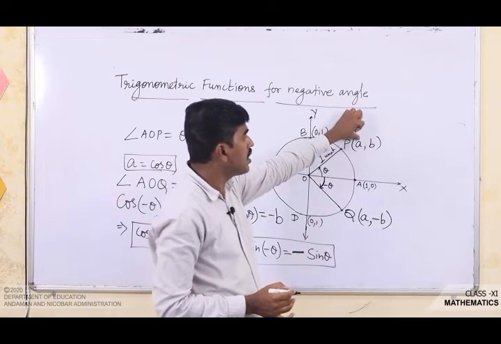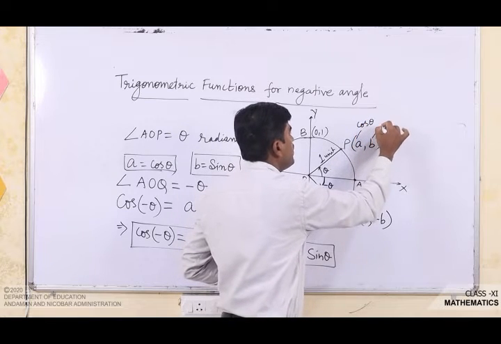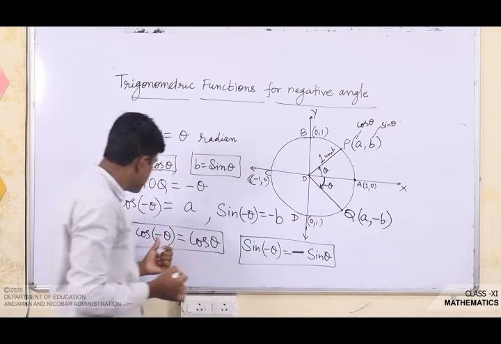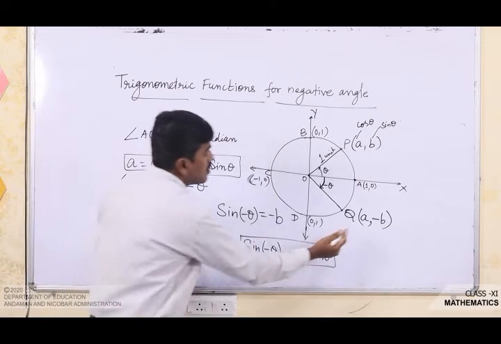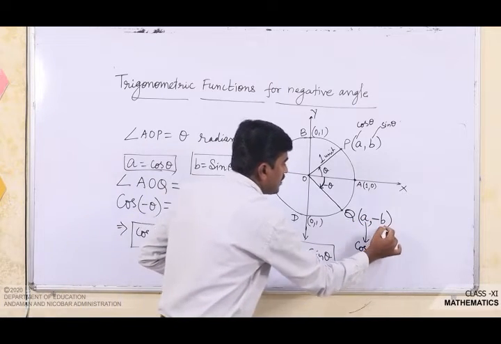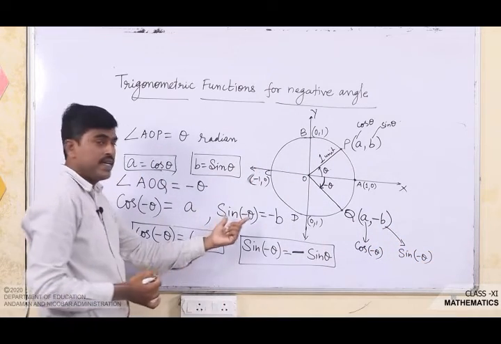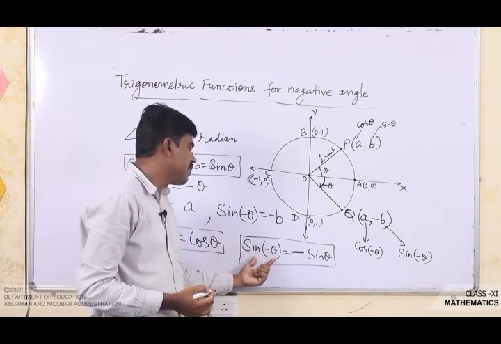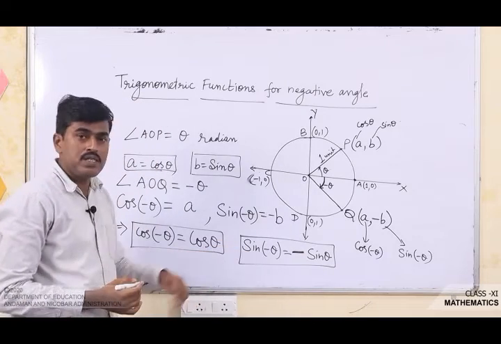This point A comma B can be represented by cos theta and sine theta. So in this way we got cos of minus theta is equal to cos theta, as cos of minus theta is A here, and sine of minus theta is equal to minus B. So cos of minus theta is equal to cos theta and sine of minus theta is equal to minus sine theta.